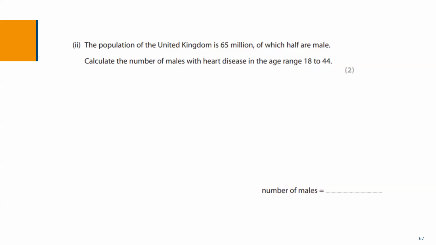So if they successfully halved 65 million in their working, then it may give them 1 mark. Not saying it's guaranteed, it obviously depends on the mark scheme. So that has to be done as you go through. So look out for maths questions, practice maths questions, share the teaching of maths questions with your colleagues in biology and chemistry and physics.